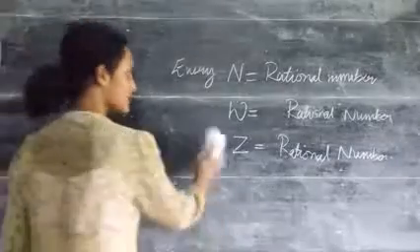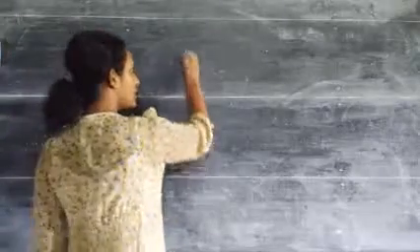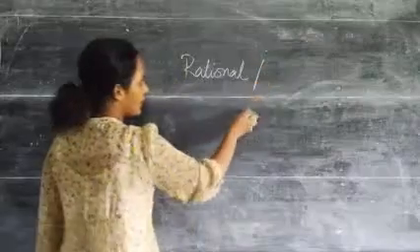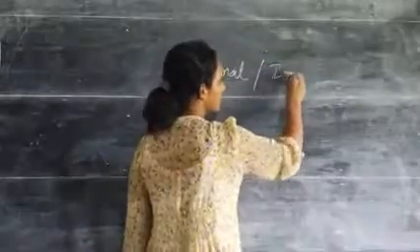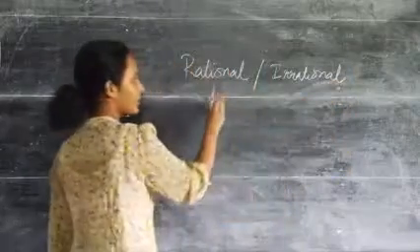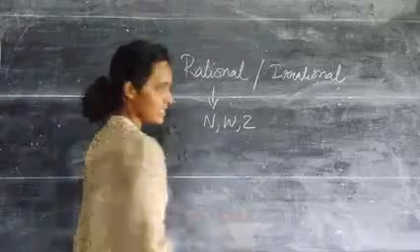So which means, can you see that all the numbers that you know up until now, it is either rational or it is irrational, right? Now every number you know is what? You already know natural numbers, whole numbers and integers, right?